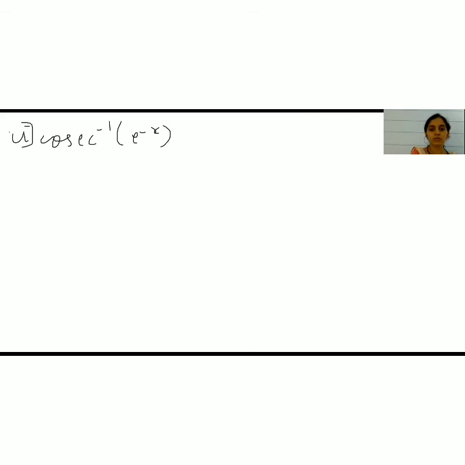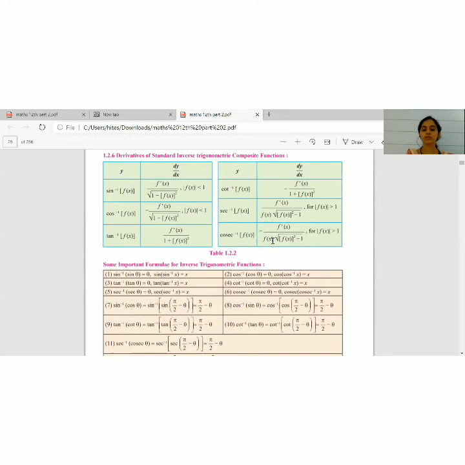So I'll just take you to the list of formulas. Cosec inverse formula of x. Check the formula. Cosec inverse f of x is equal to minus 1 upon f of x root of f of x the whole square minus 1 multiplied by f dash of x. So let's write down the formula here.